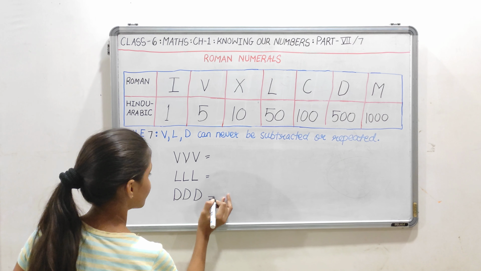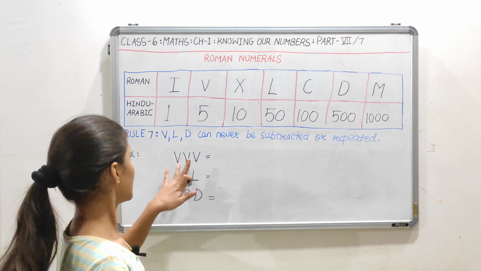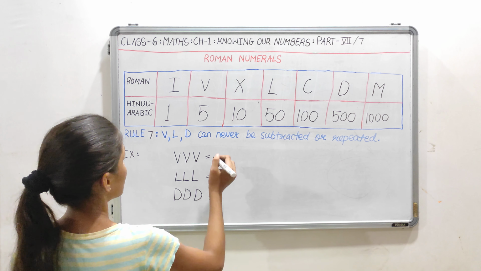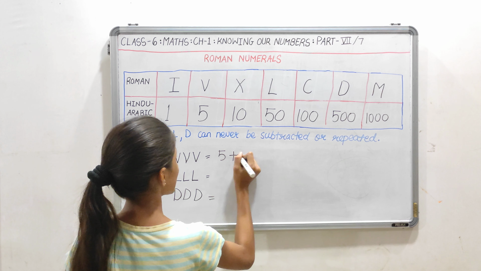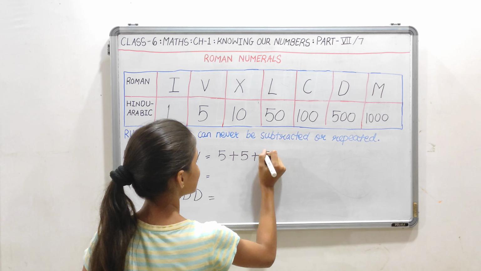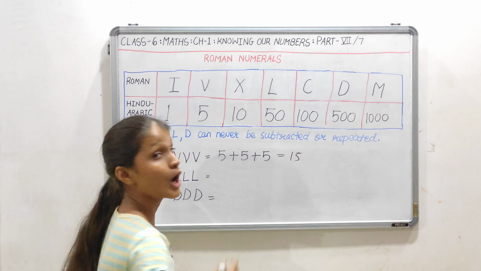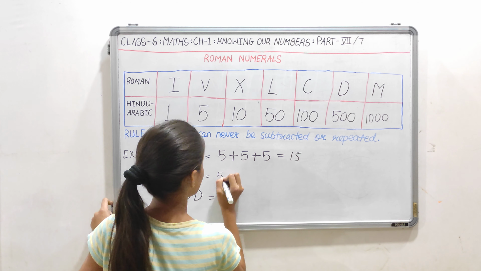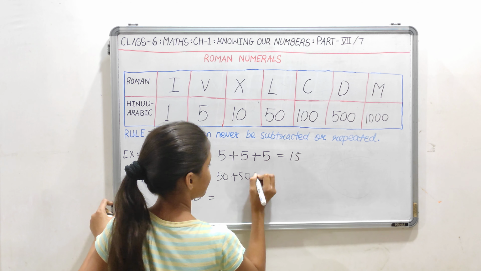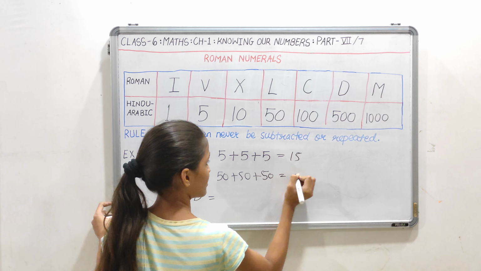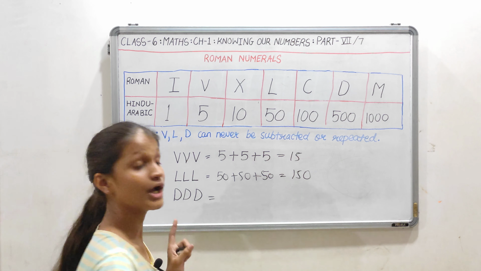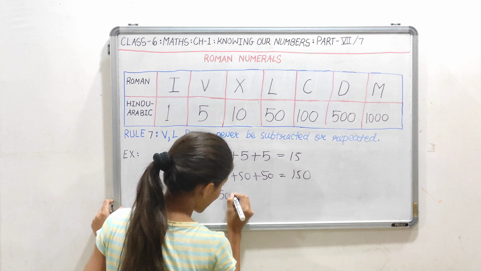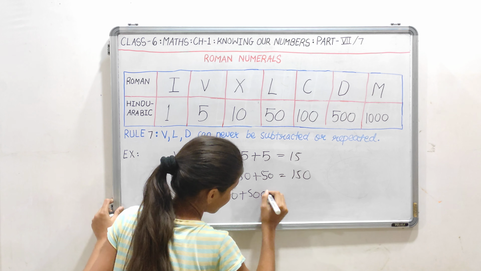So first, repeated. Now VVV means 5 plus 5 plus 5 equals 15? No. Or does LLL mean 50 plus 50 plus 50, 150? No. Does DDD mean 500 plus 500 plus 500?